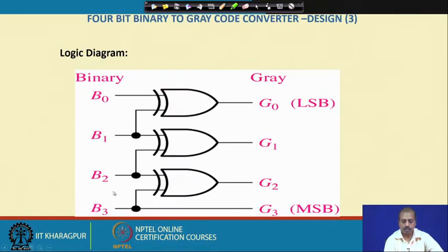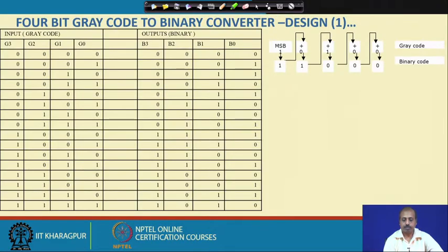So, B3 and B2 are XORed to get G2. Similarly, G1 is B1 XOR B2, so this is XORed here, and G0 is B0 XOR B1. So, that gives the LSB. This way you can have a very simple gray code converter using XOR gates.